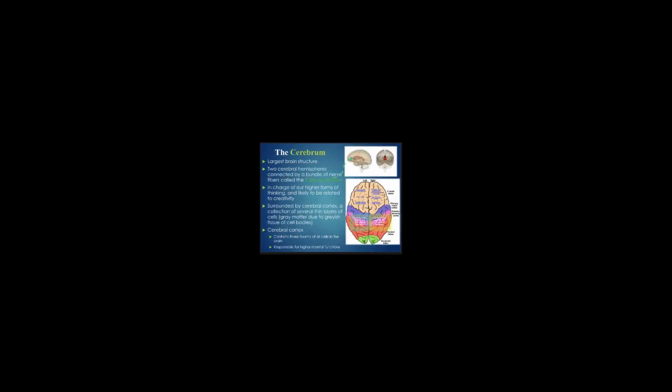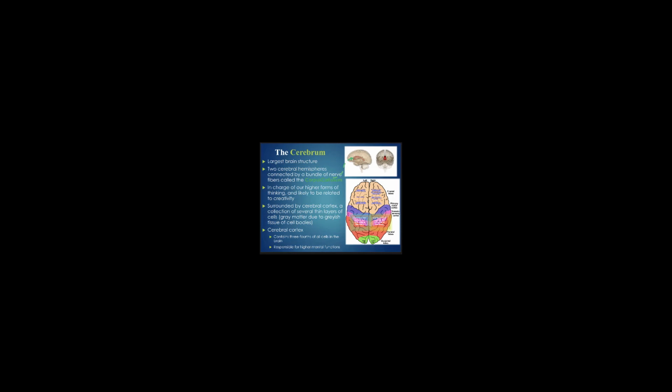Now, the most important part to do with our higher functioning is the cortex. And we can see that there's a right side and a left side of our cortex. It is split down the middle by this corpus callosum.